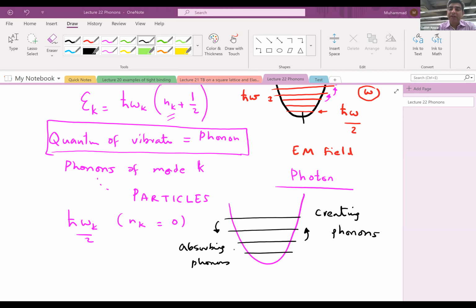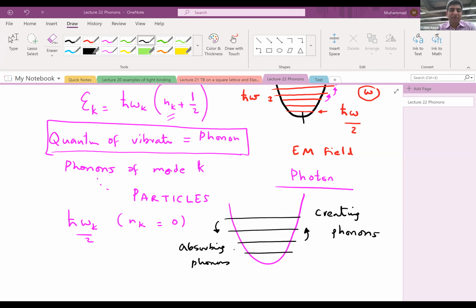Okay. Likewise, we have excitons, we have magnons, we have polaritons. So all of these are excitations of some quantum field, and they can be visualized as being particles. These particles are generally called quasi-particles. And the nice thing about these particles is that they have a K, which means that they have some momentum and some energy.